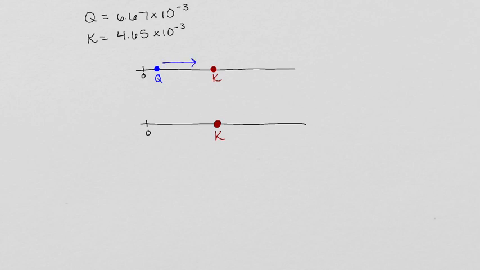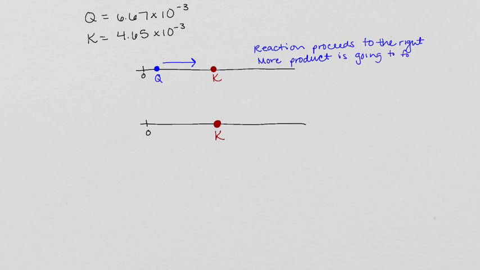We would say that this reaction proceeds to the right. Another way of saying it, we have too much reactant and not enough product, so more product is going to form. Or you could say that the forward reaction is favored because we're moving toward product.